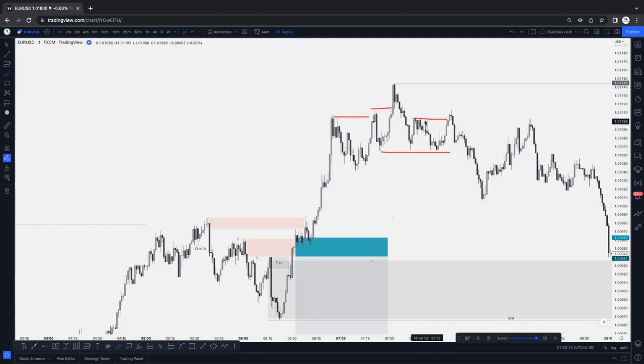So it took out this high, and on this order block, we can sell at this point till this low. So this is anti-type 2.